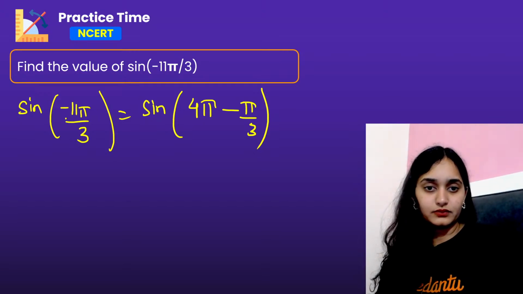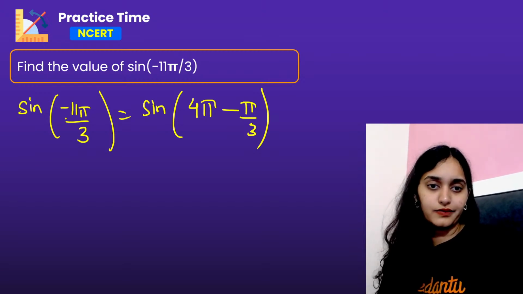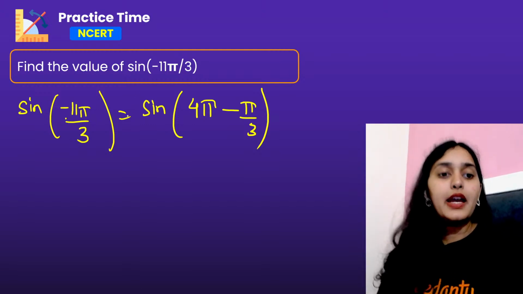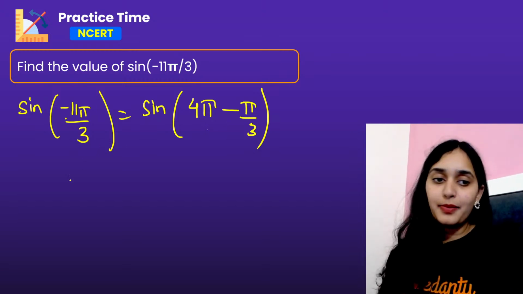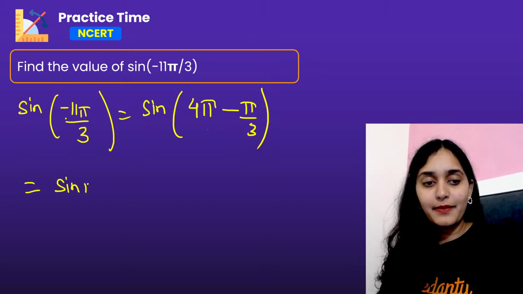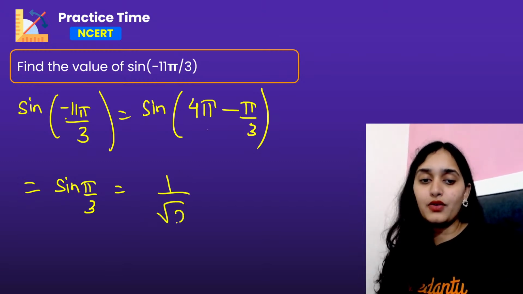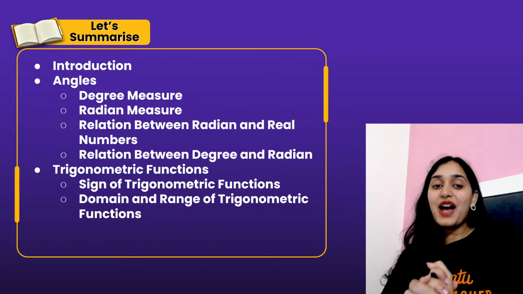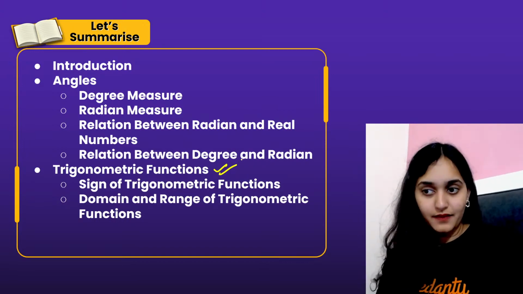Now we know that after every 2 pi sine repeats itself, so it will become sine pi by 3. Now sine pi by 3 is sine 60 degree, it is root 3 by 2. That's your answer. Alright guys, so that's how we basically find out the value of trigonometric function.